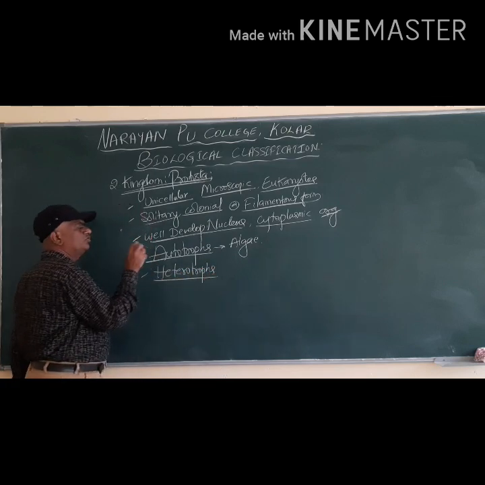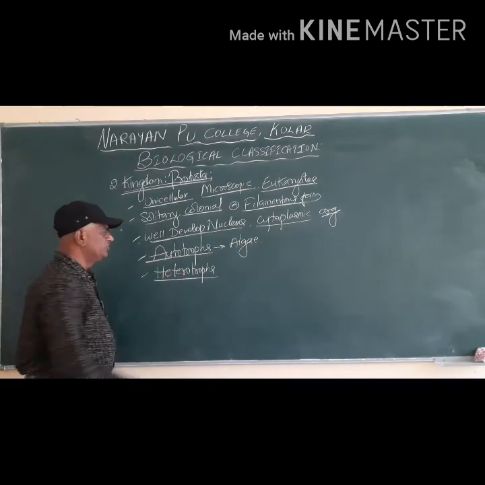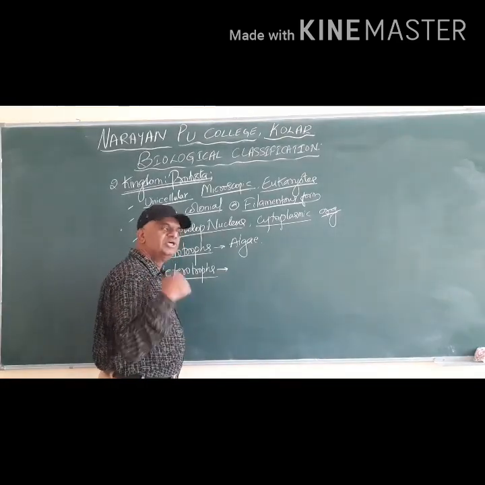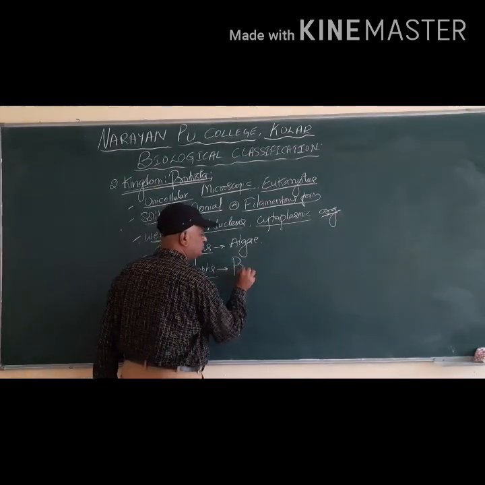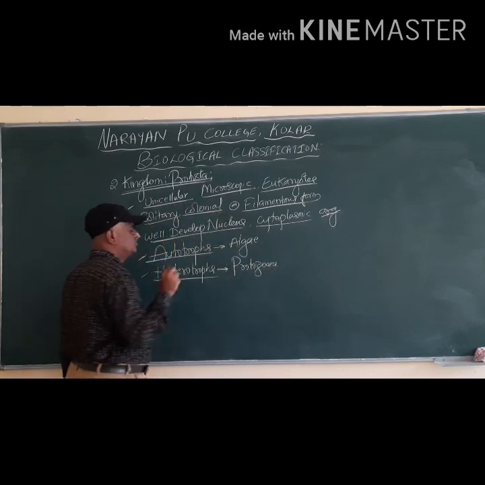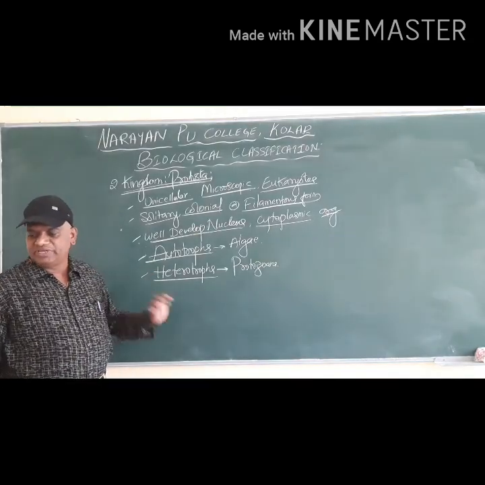Heterotrophs cannot prepare their own food, but they depend upon others for food. Here protozoans come under this. So here autotrophs are there, heterotrophs are also there.